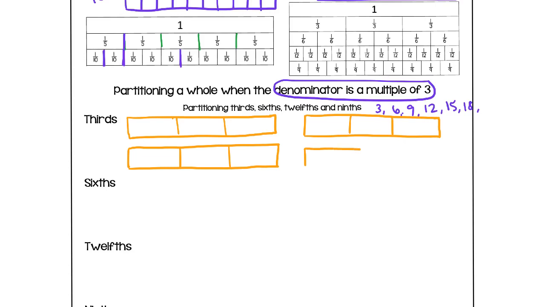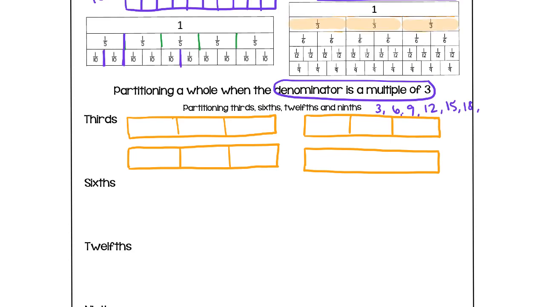Draw your whole. Partition it into thirds. So we can see here, when we partition, we're only drawing 2 lines, but we're making 3 pieces. 1 piece, 2 pieces, 3 pieces.